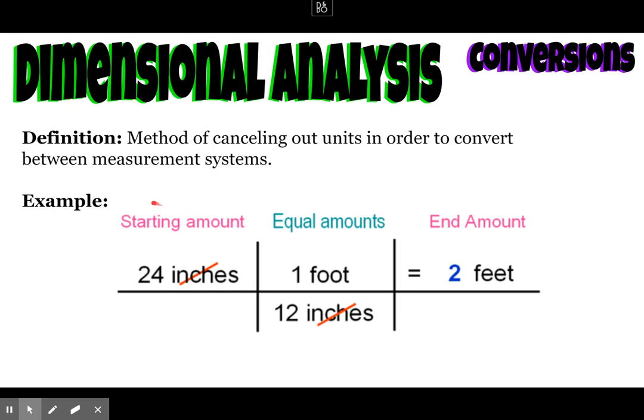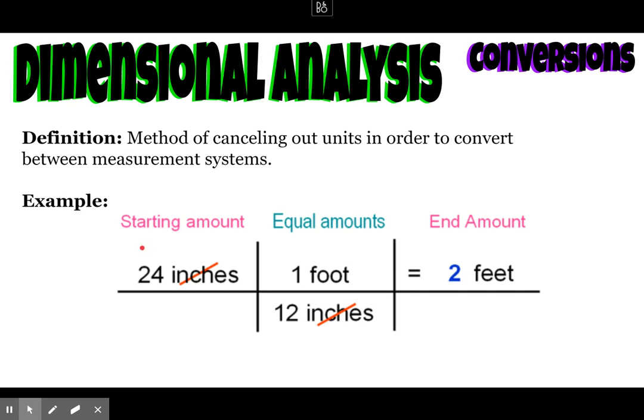We want to think about our starting amount, what we were given. We want to think about how it equals to get to our end amount. So we can see here we were given 24 inches. In some sort of problem, they said we want 24 inches, and then we knew we wanted to figure out how many feet.